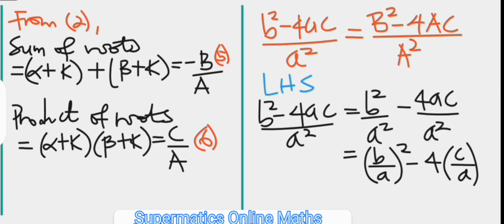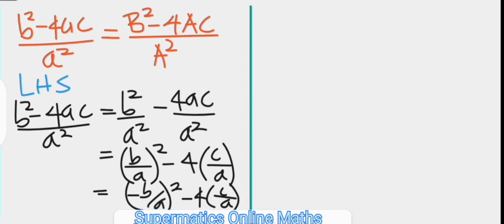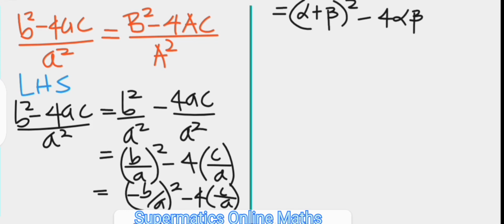We can further write b over a squared, being a square, so that it fits into the Vieta's formula, as minus b over a all squared and minus 4 times c over a, where minus b over a, according to Vieta's formula, is the sum of roots. Thus, we have the left-hand side equal to alpha plus beta all squared, that's minus b over a all squared, which is the sum of roots, and minus 4 c over a is the product of roots, that's alpha beta.